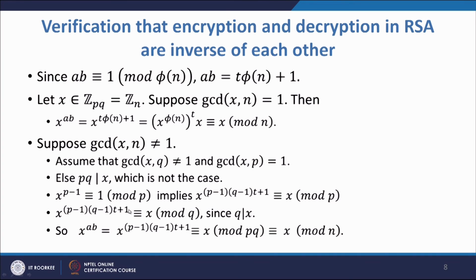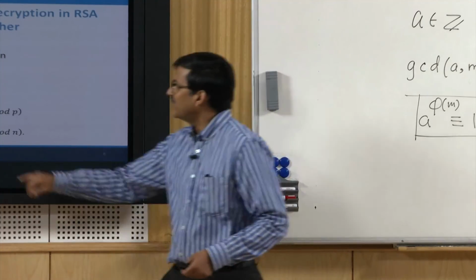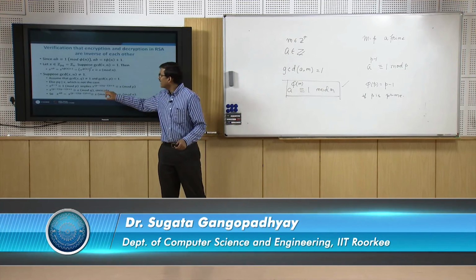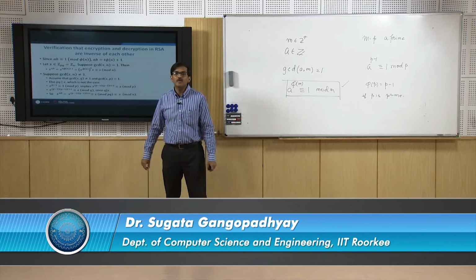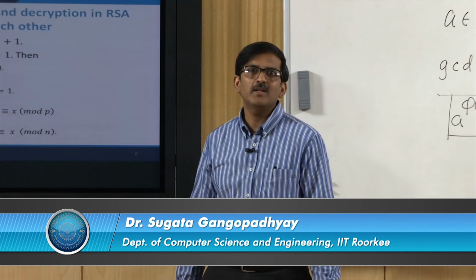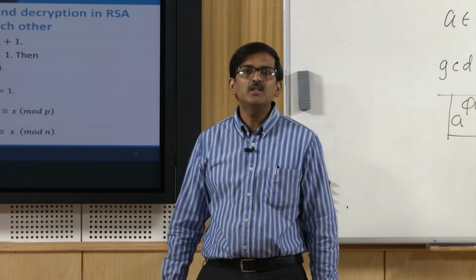Once I have this here, we have already assumed that x is divisible by q, and therefore both these sides are divisible by q. Therefore, I have got this condition free of cost. So, I have got x raised to the power p minus 1 into q minus 1 into t plus 1 is congruent to x mod q.